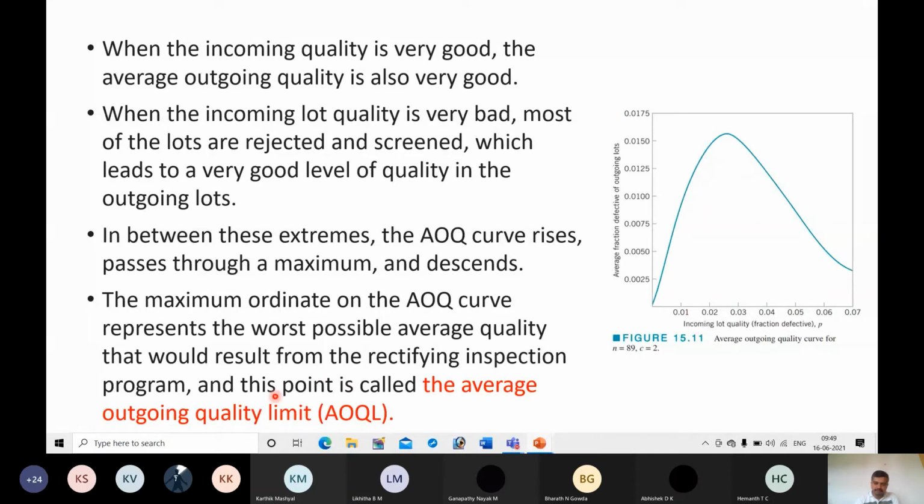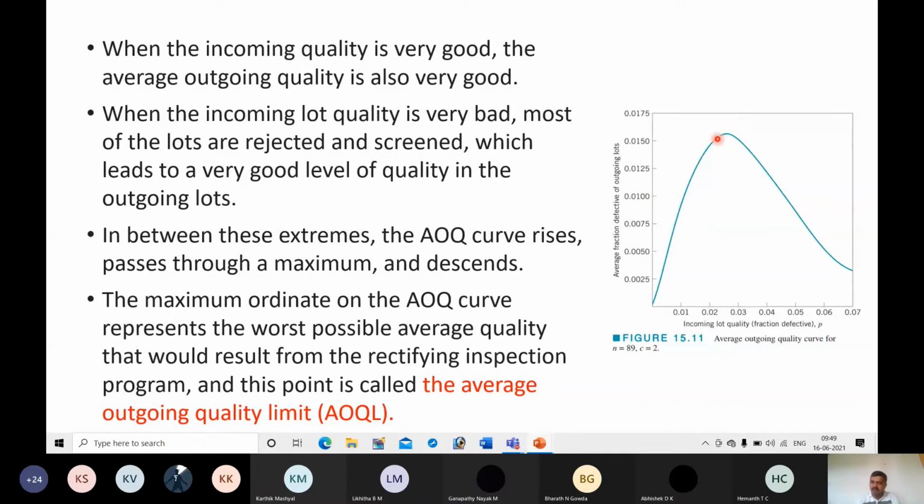So even though you are adopting a rectifying inspection program, that means when lots are rejected you subject them to 100% inspection and replace defectives with good quality components, even then you will get poor quality output at a certain point.